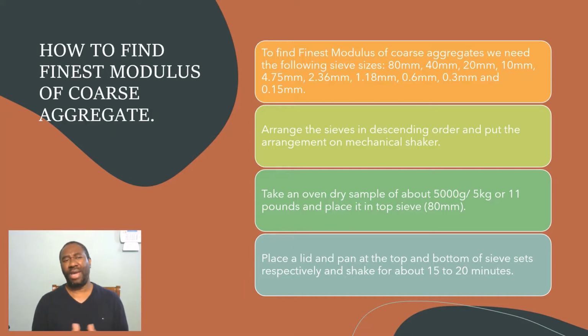Now, how to find the fineness modulus of coarse aggregates? To find it, we need the following sieve sizes: the 80mm sieve, the 40mm sieve, the 20mm sieve, the 10mm sieve, the 4.75mm sieve, the 2.36mm sieve, the 1.18mm sieve, the 0.6mm sieve, the 0.3mm sieve, and the 0.15mm sieve.